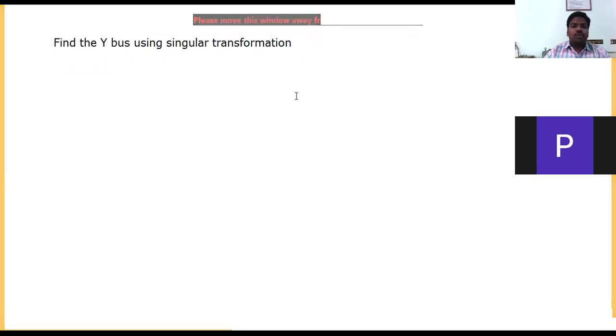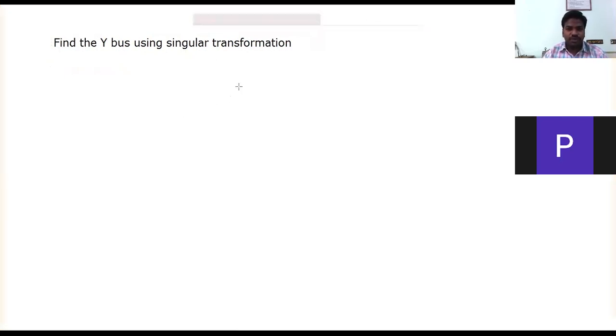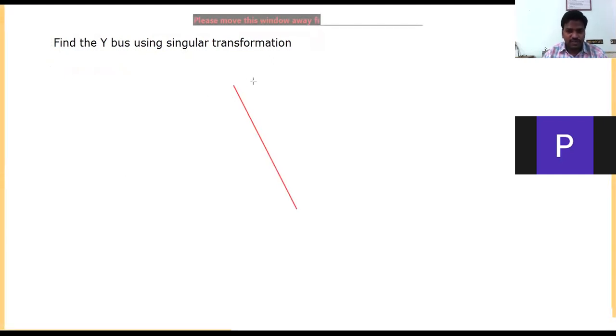Now, we have already drawn that graph. Again, we are considering the same graph here also.